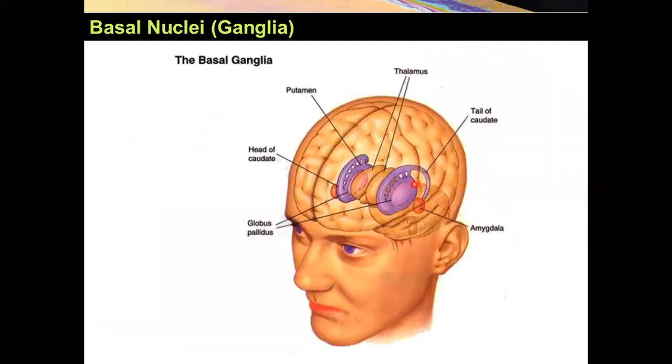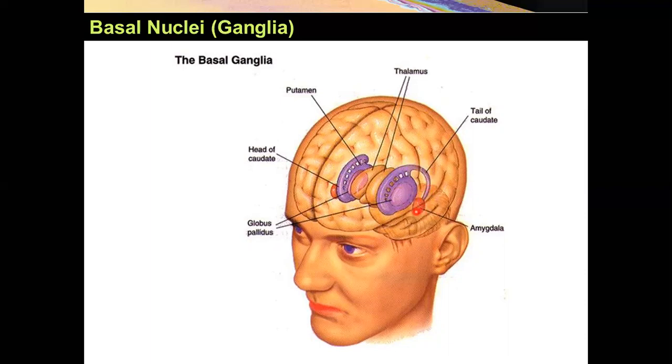Okay, now you see the basal ganglia here. This is the globe. Here is the caudate nucleus. Its head, its body, and the tail. This is the amygdala.